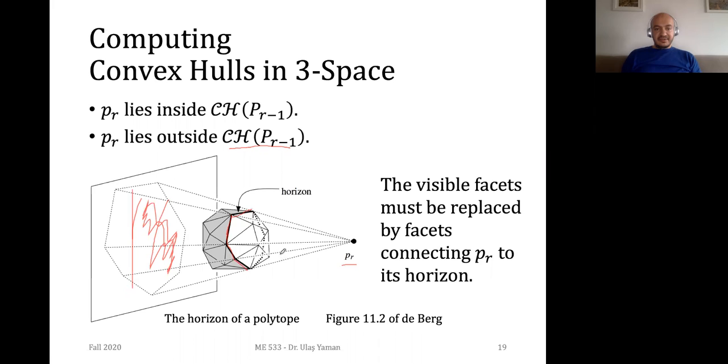We have here, as you see, 4 visible triangles, but obviously we have many of them on the other side of it. So this is the simple operation we do if the new point P_r is outside the convex hull, outside our planet: we form new triangles between the horizon and the new point P_r.